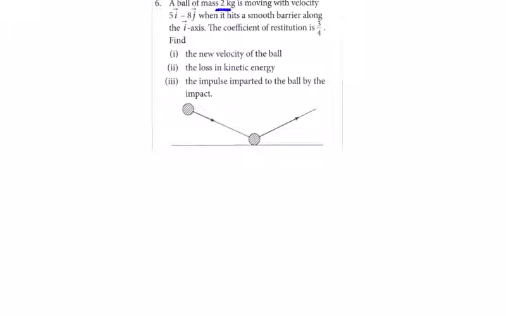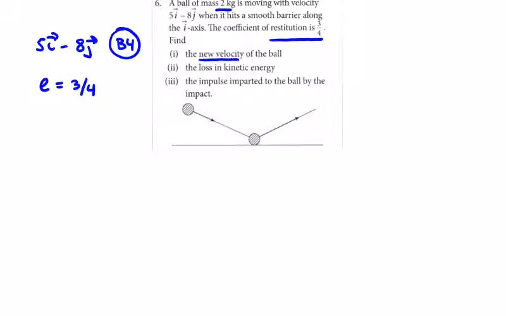In this question, the mass is 2 kg and the ball is moving with velocity 5i minus 8j. This is before. It hits a smooth barrier along the y-axis, so the coefficient of restitution is 3/4. e is equal to 3/4.